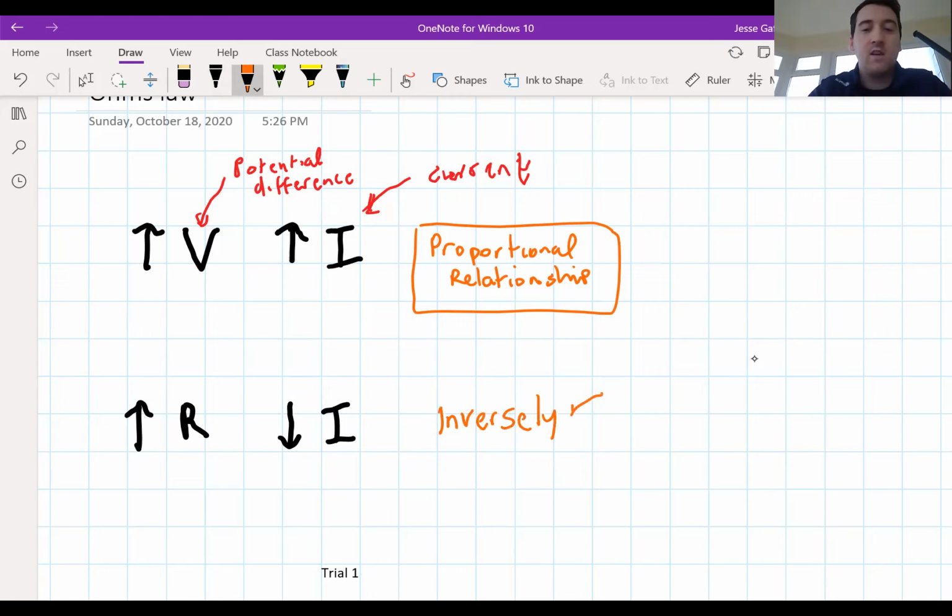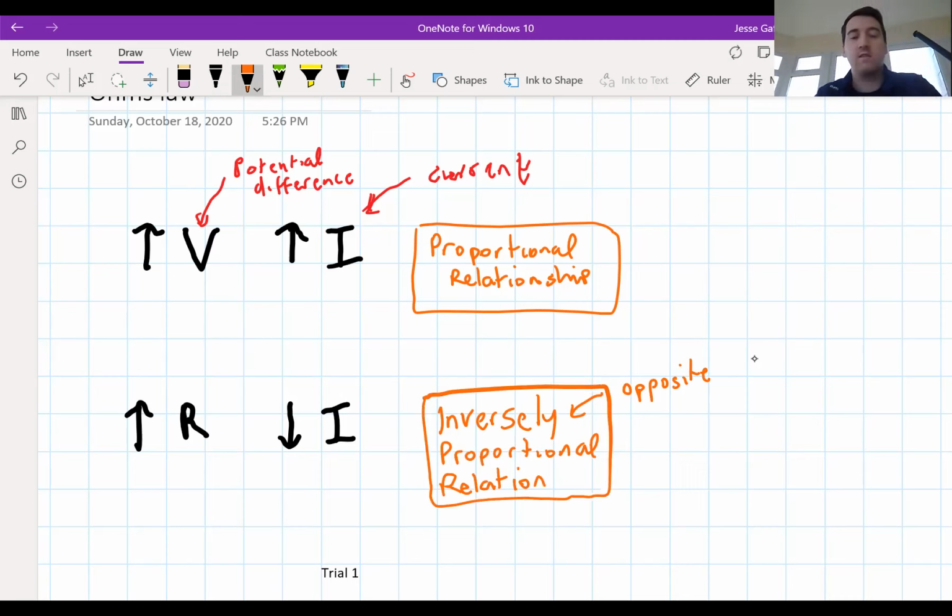Inversely just means opposite, I suppose. So that means that if I increase one thing, the other thing does the opposite, it decreases.